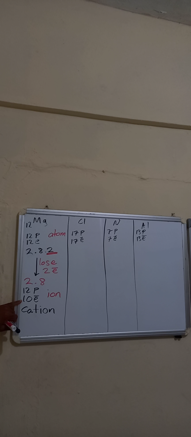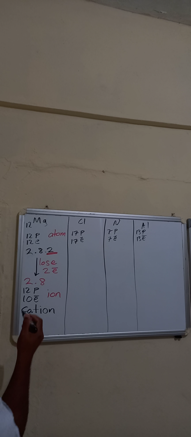If you have 10 protons and 12 electrons, the difference between 10 and 12 is 2. So we have 2 additional protons compared to the amount of electrons. We are comparing the amount of protons to the amount of electrons. We have 12 protons and 10 electrons, so when you compare the two of them, we only have a surplus of protons by 2.